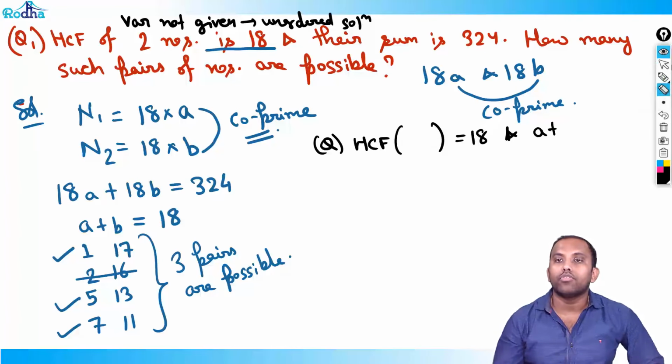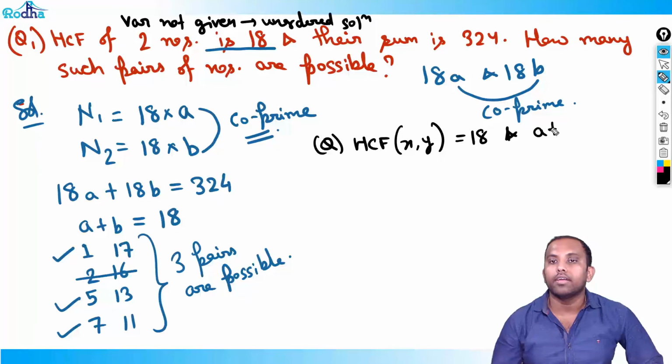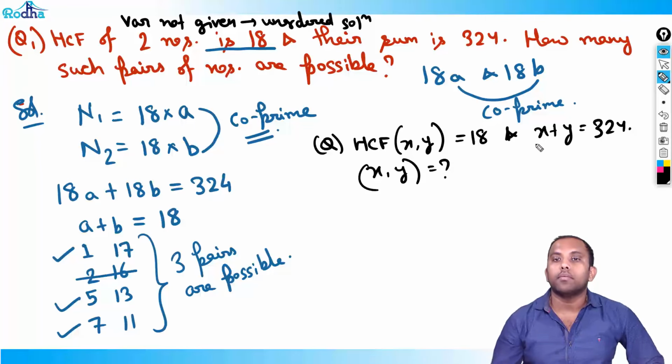Let's say the HCF of X comma Y is 18 and X plus Y is equal to 324. Now how many values of X, Y are possible? In this case, the simple answer would be 6 solutions.